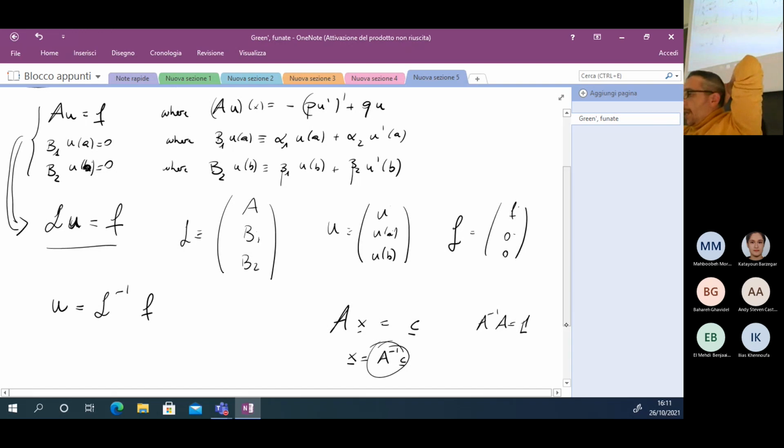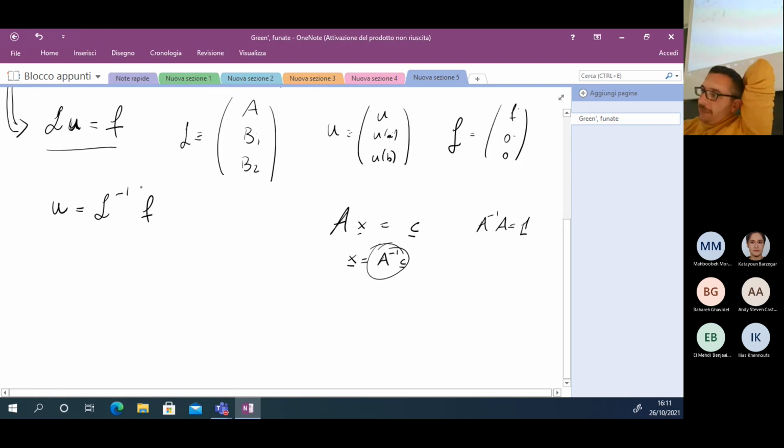Right. Now, let me give an ansatz for this object. I want to think about the operator L minus 1 as an integral operator, like the integral operator kappa which we have used in previous problems. So let me do this ansatz.